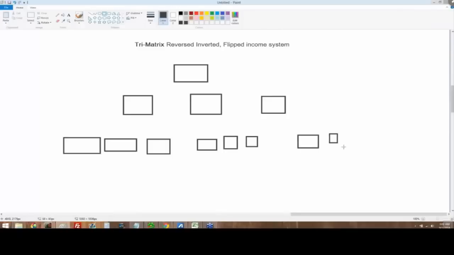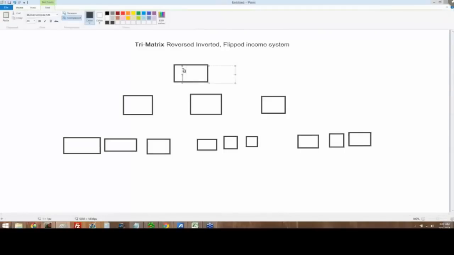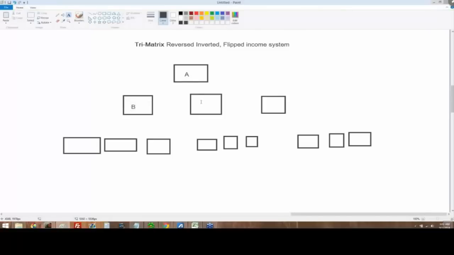That means the whole company structure is like this. Let's say this is a person named A, and this kind, gentle person named A refers a person named B. That's where B goes.